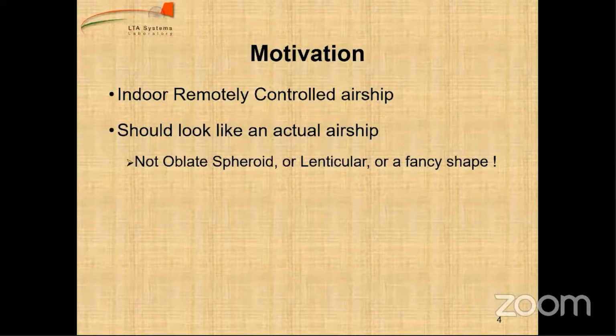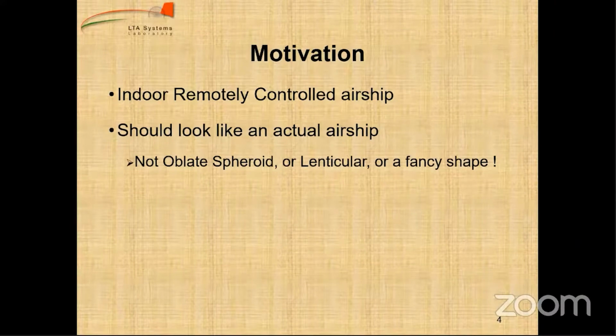Can you let me know what type of shape you have seen? It is basically an egg type shape. Yes, oval, egg type shape. So it is called an ellipsoid shape. There are several shapes available, but the actual shape is ellipsoidal, which is a very simple shape.